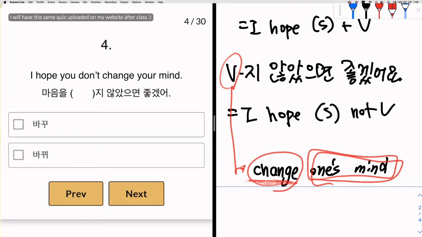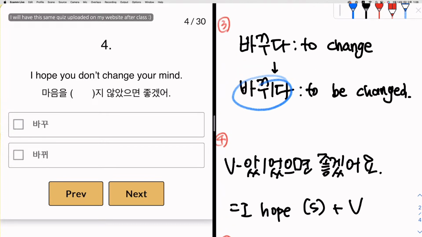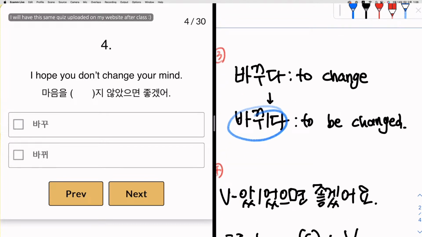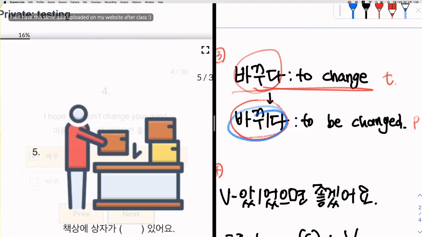So 마음을 바꾸 or 바뀌. Which one among these two is a transitive verb, guys? 바꾸 was the transitive verb that means to change something, and 바뀌다 is a passive form that means to be changed, right? So 바꾸다 is the answer here. 바꾸지 않았으면 좋겠어. 마음을 바꾸지 않았으면 좋겠어.